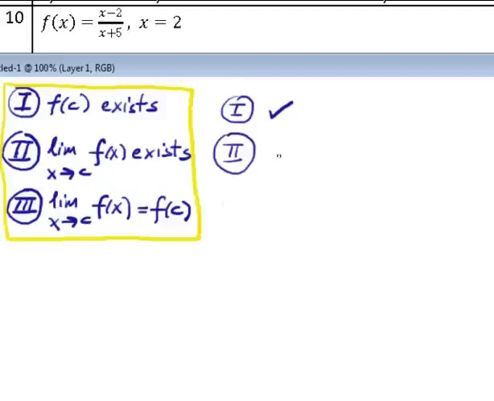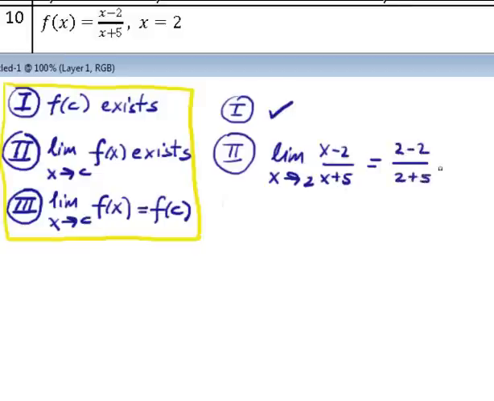So let me just write what it's equal to. The limit as x goes to 2. Here we can just substitute in because 2 is not a 0 of the denominator. So that's 2 minus 2 over 2 plus 5, 0 over 7, which is 0. Okay, so the limit exists, and so this one's true.